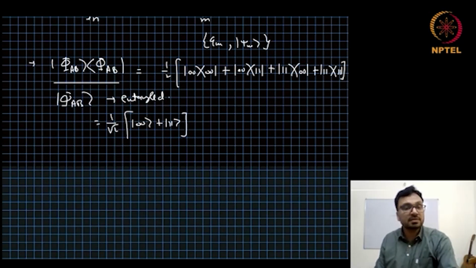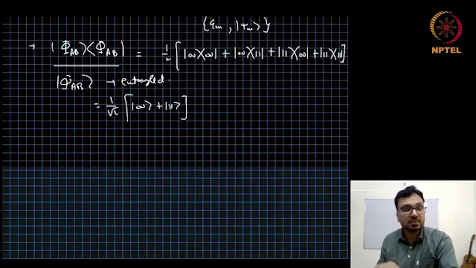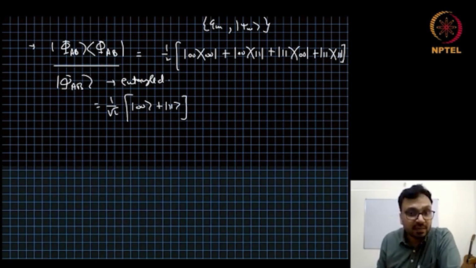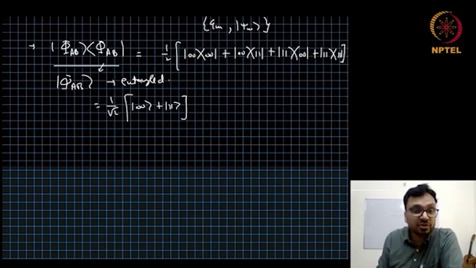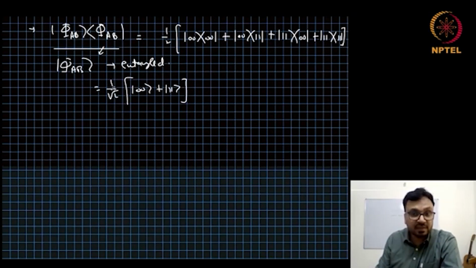So this is our state of 2 qubits. And since this is the unique decomposition, we cannot have any other decomposition. And we can see that this decomposition cannot be written as rho A tensor rho B. Okay, so it must be entangled.